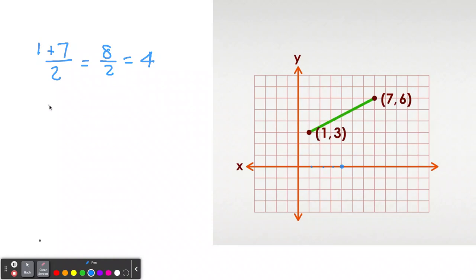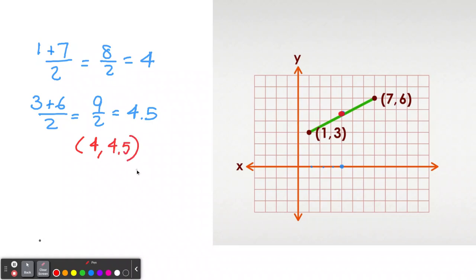And so for the y's, we have a 3 plus we have a 6 over 2. So we have 9 over 2, so that'll be 4.5. So at 4, 4.5, that is the midpoint right there. Let's change the color so you can see it a little better. That's the midpoint. So again, you would say 4, 4.5, or 4 and 4.5, whatever one you want to use.